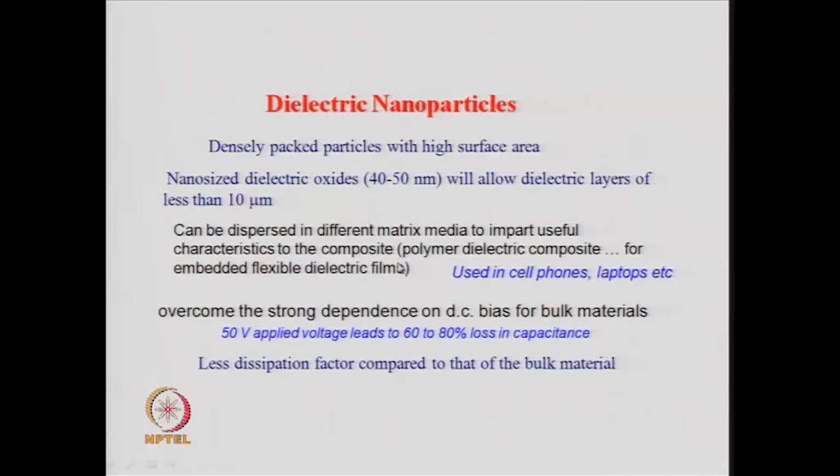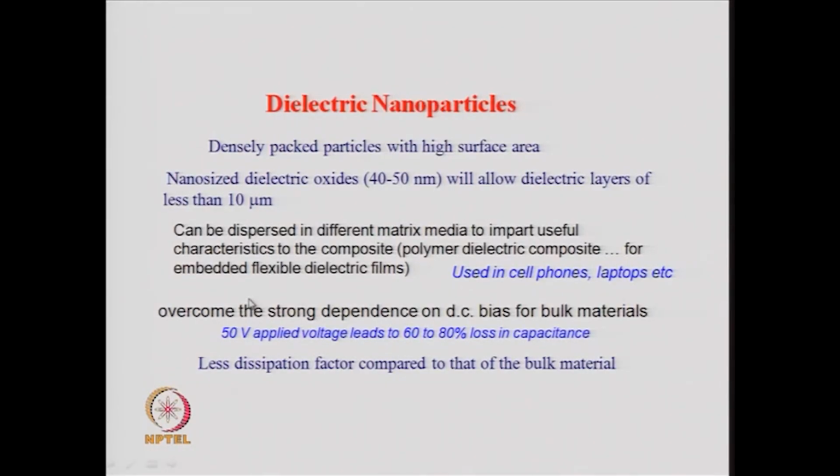You can make a polymer dielectric composite, and because of the polymer it will have flexibility, and then you can make what are called embedded flexible dielectric films, where the dielectric nanoparticles are embedded within the polymer film. Such flexible films are of importance in flexible electronics, especially in cell phones and laptops, and will be of great importance in the near future.